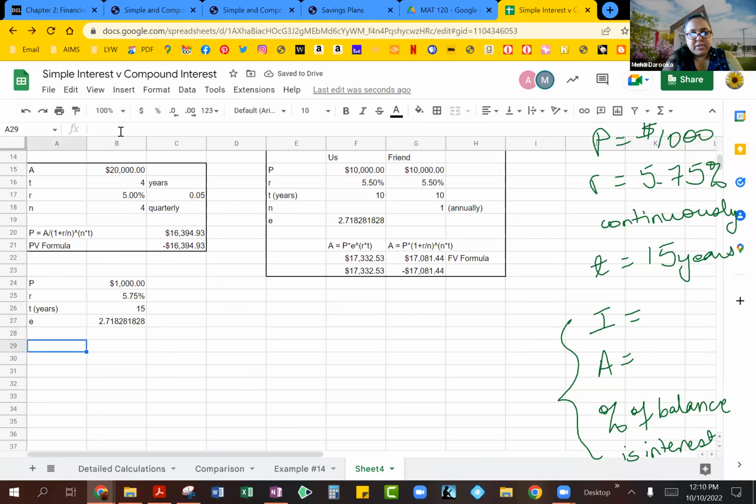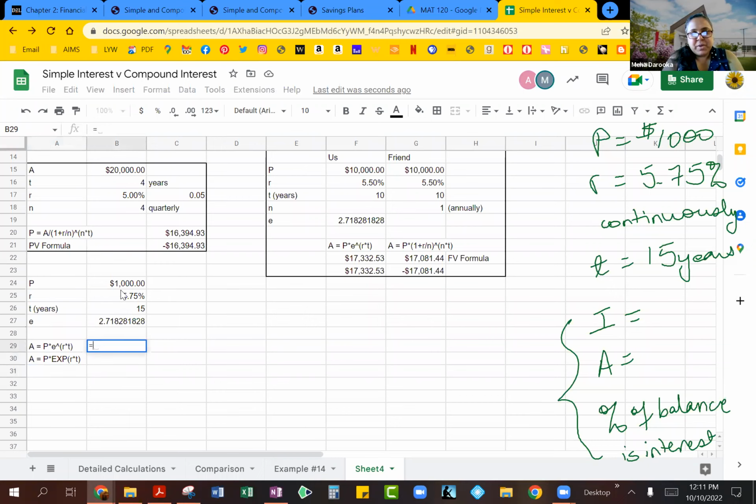If you wanted to use the built-in function, remember guys, this would be P times E, and then E has to be raised to the power of R times T. If you're going to be using the EXP function, that would be P times EXP, and in this case, you just do R times T. You don't have to use the caret symbol. So just to show you how both of those will work.